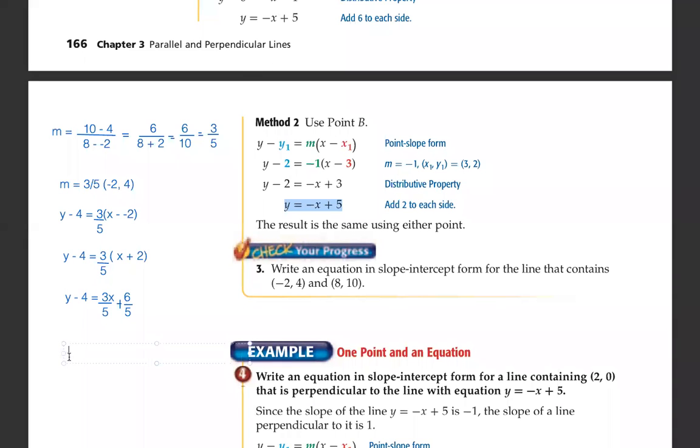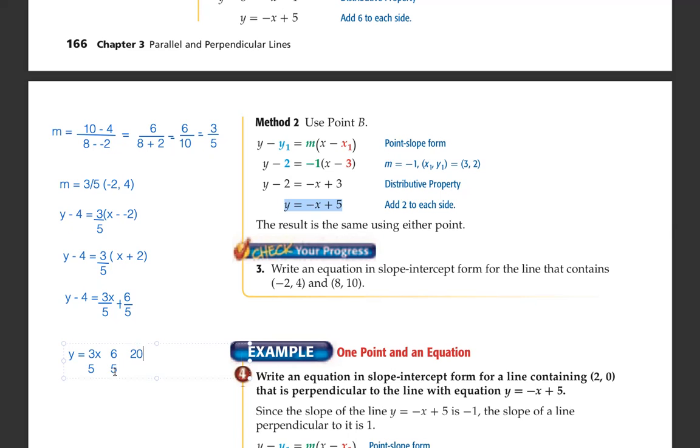Then you add 4 to both sides, that becomes y equals 3 over 5 x plus, now what is 6 over 5 plus 4? Listen, 6 over 5 plus 4. What is the equivalent fraction of 4 whose denominator is 5?